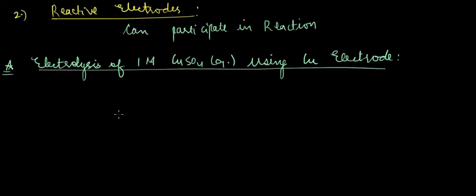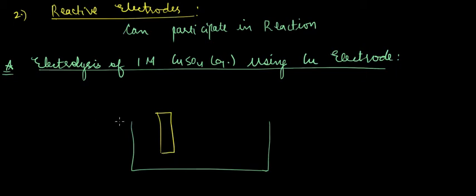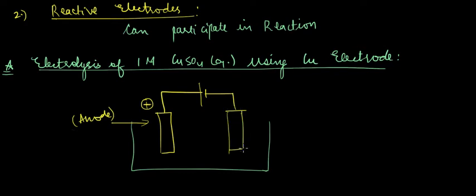So we have this apparatus wherein we have a copper electrode, which is taken as the anode, positive sign. Why? Because we have attached an external battery to the same. And this is the negative electrode, or cathode.